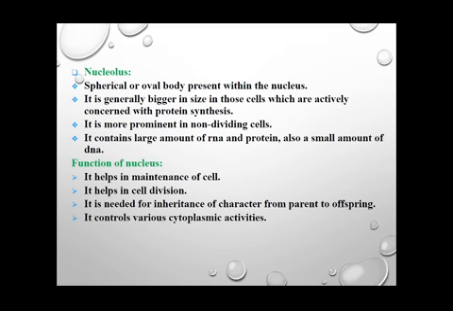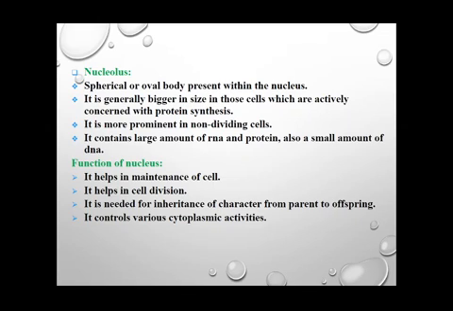Now comes the nucleolus. So what is nucleolus? Nucleolus is present inside the nucleus. It is another oval or spherical body inside the nucleus. The size of the nucleolus is slightly bigger in those cells in which protein synthesis takes place, and it is more prominent in non-dividing cells.